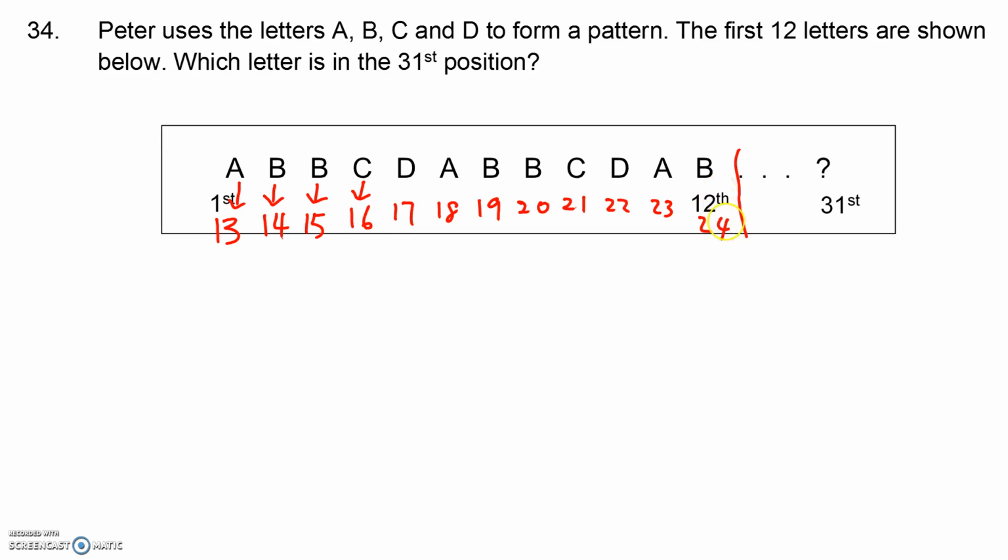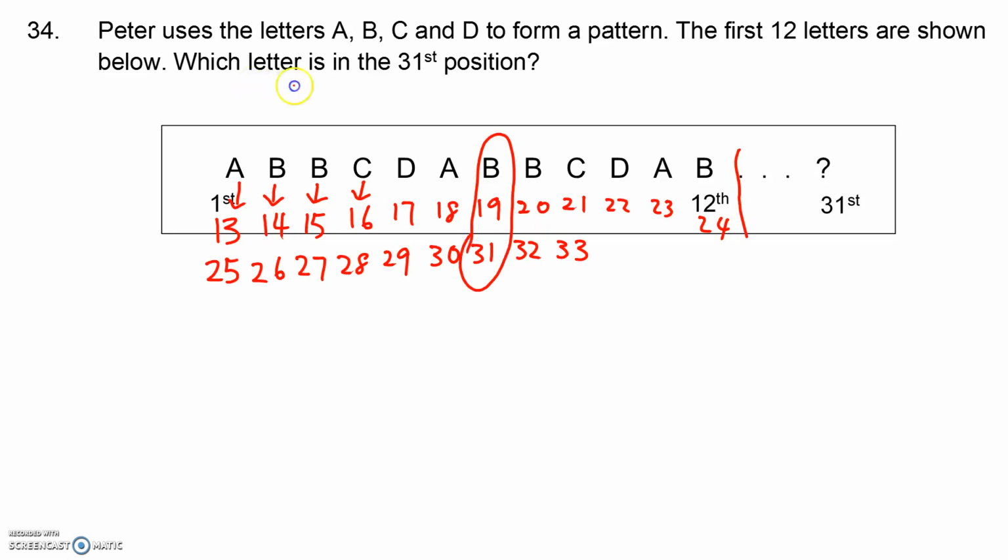Okay, 12, 24. Then we move on. 25 returns back to the first pattern again. 26, 27, 28, 29, 30, 31, 32, 33. Okay, so we are only interested in the 31st position, which is here.